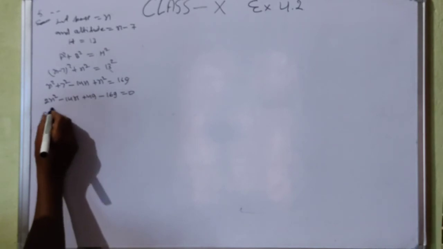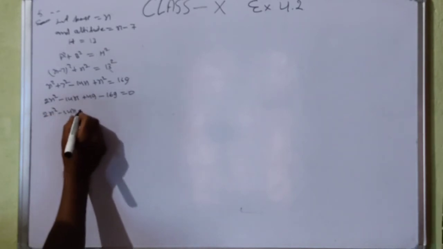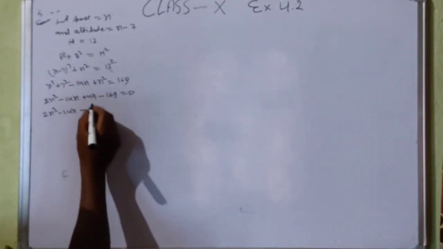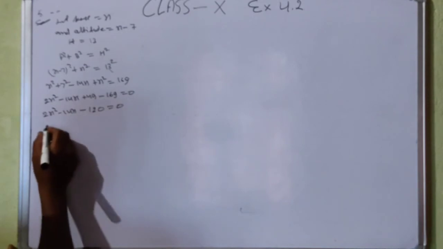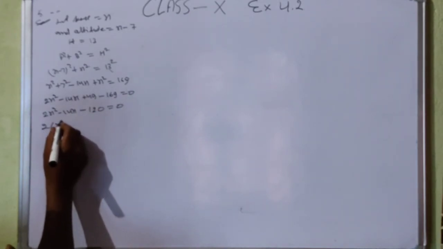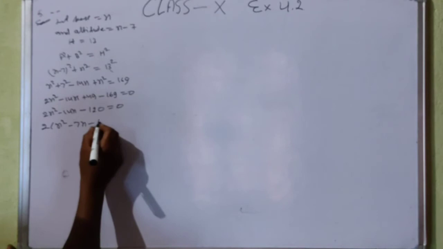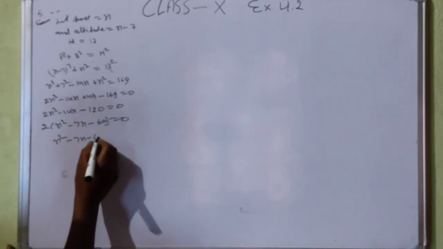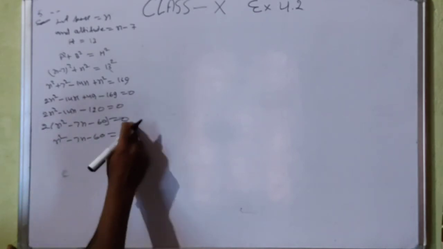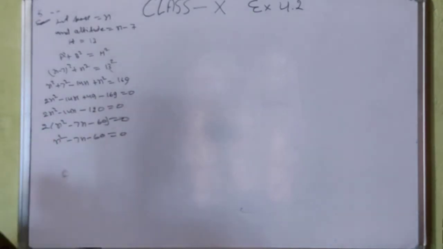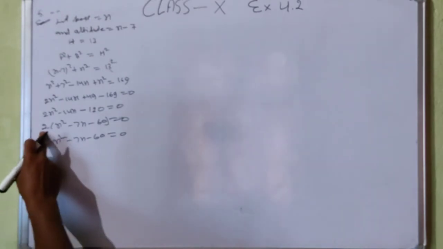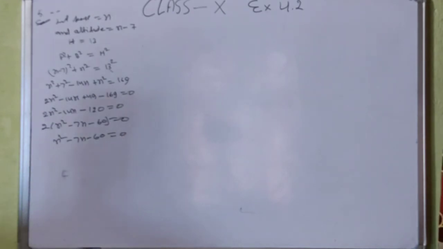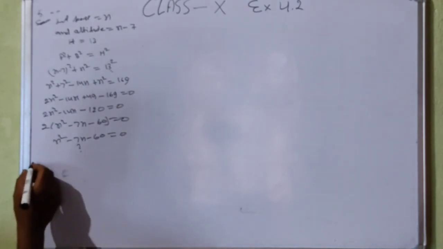So 2x square minus 14x minus 120, and then 2 can be taken common, so x square minus 7x minus 60 is equal to 0. Solve by factorization and that will be the answer.